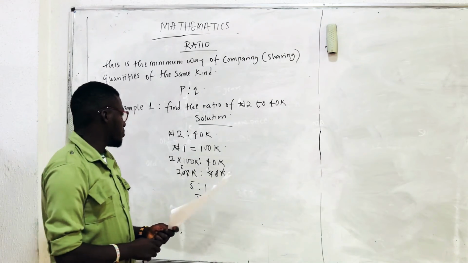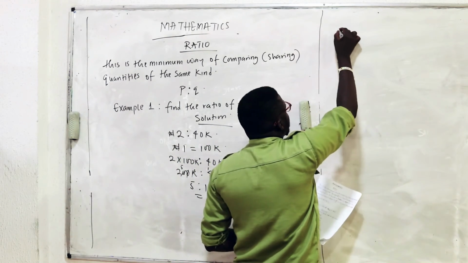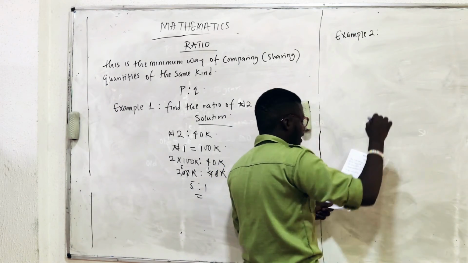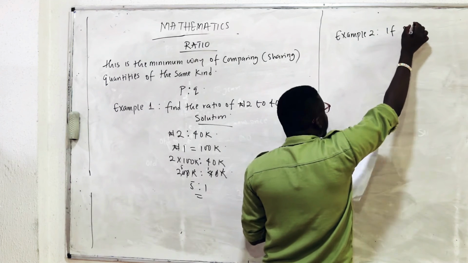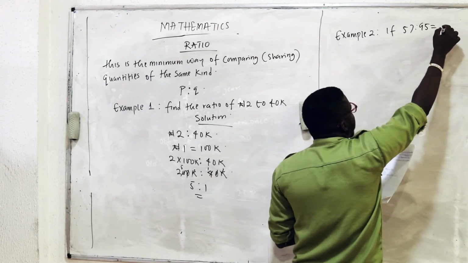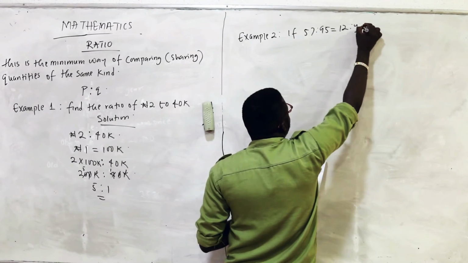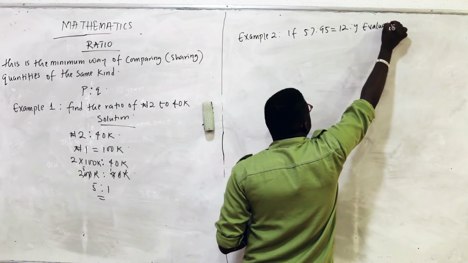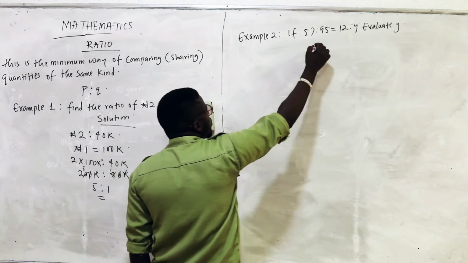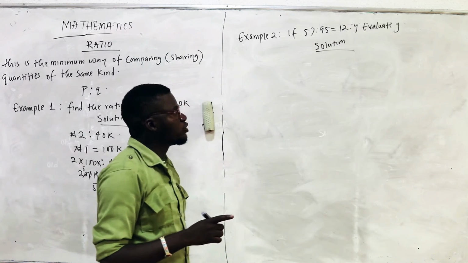The next question, Example 2, says if 57 ratio 95 is equal to 12 ratio y, evaluate y. Solution: I'm going to convert the ratio to fraction.